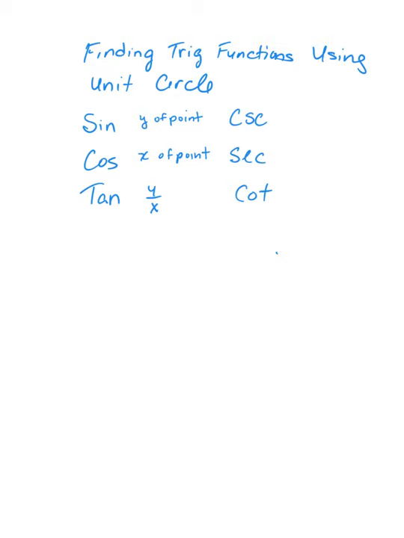Everybody look at your formula sheets, and you should have that the cosecant is 1 over sine, and the secant is 1 over cosine, and the cotangent is 1 over tangent. Do you see that somewhere on your formula sheet? So 1 over sine is the reciprocal of sine. So what do you do with the sine?